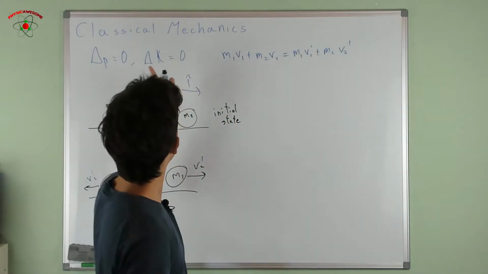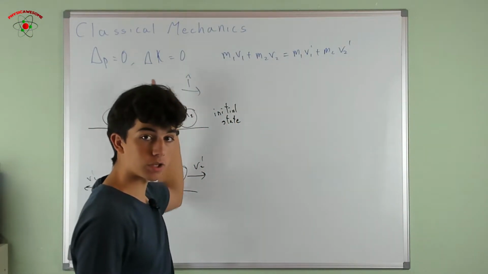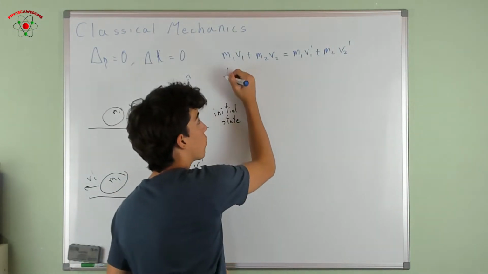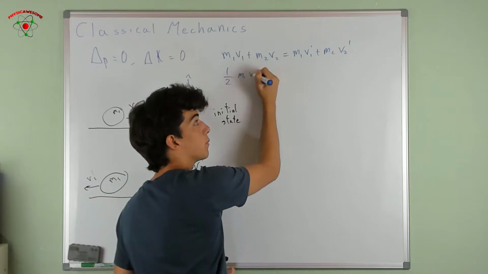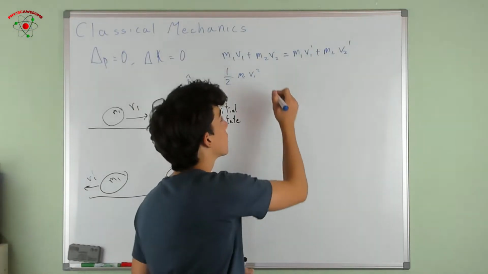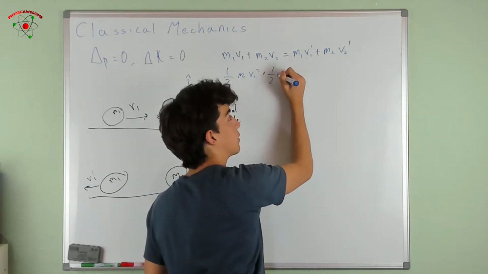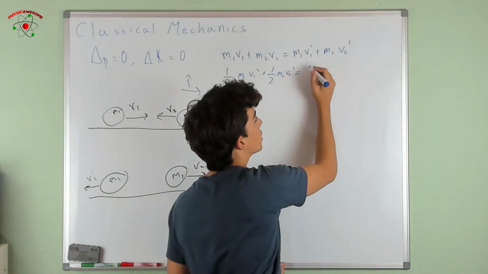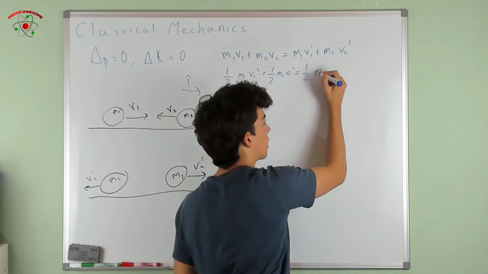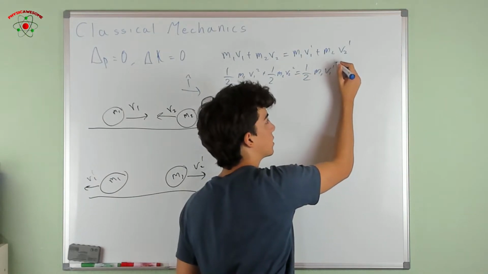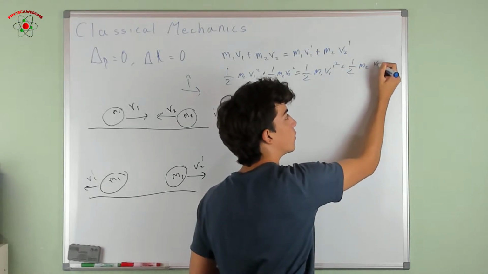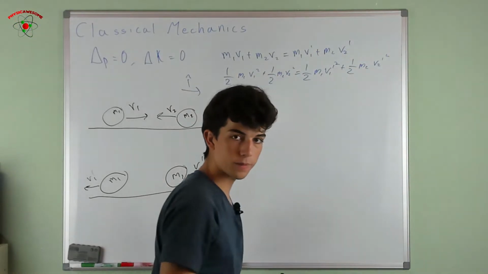Now, we also have kinetic energy conservation. Therefore, we will write that equation 2 that is going to be 1/2 m1 b1 squared plus 1/2 m2 b2 squared, and that's going to be equal to 1/2 m1 b1 prime squared plus 1/2 m2 b2 prime squared.